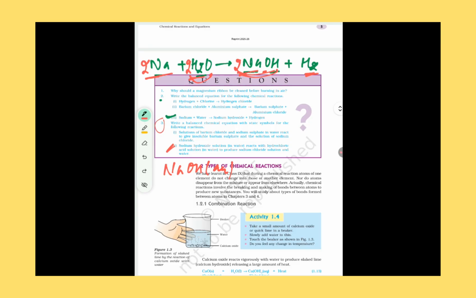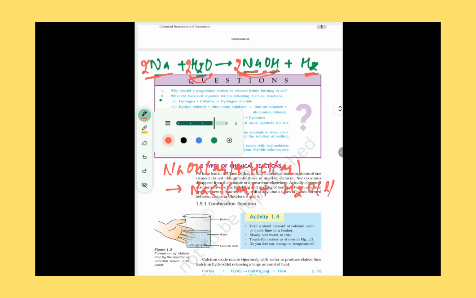Hydrogen chloride, when you will dissolve in water, that becomes nothing but aqueous solution of hydrogen chloride, that is called hydrochloric acid, HCl aqueous. To produce sodium chloride solution means sodium chloride aqueous plus water, which will be written as liquid.